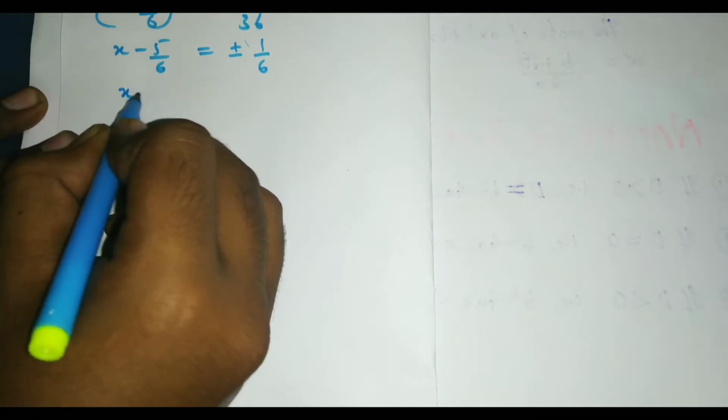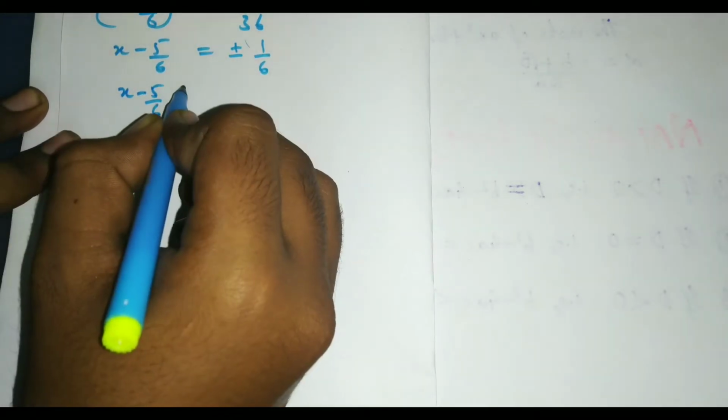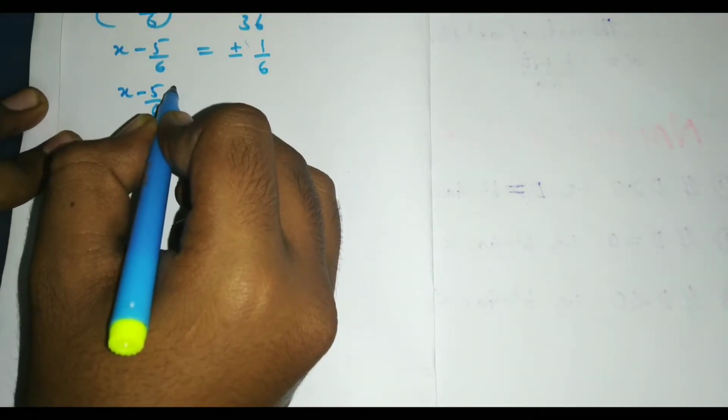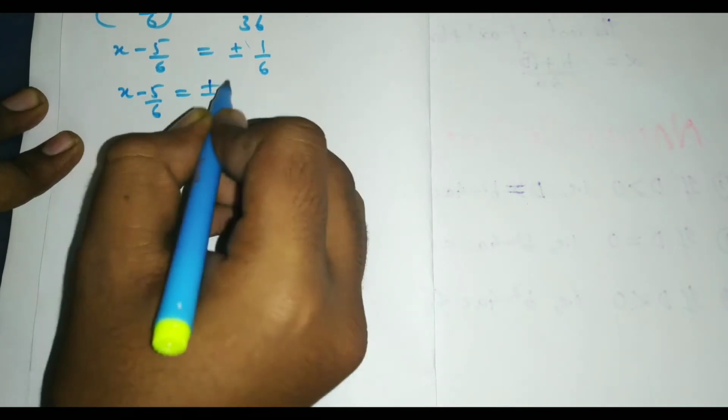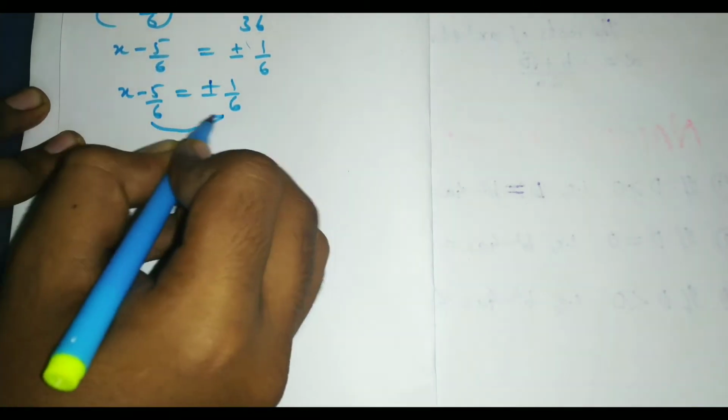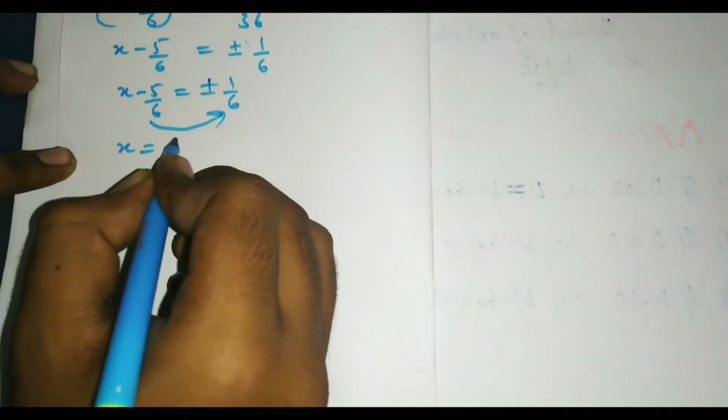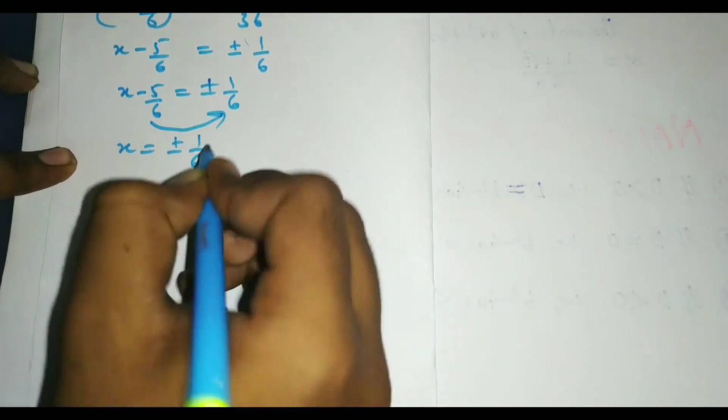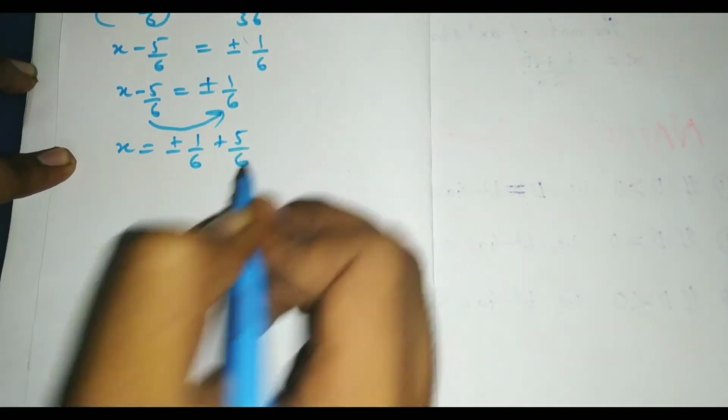Now moving on to the next step. Now x minus 5 by 6 we got equal to plus or minus 1 by 6. Now shift 5 by 6 to the left side to the other side. So x equals plus or minus 1 by 6 plus 5 by 6. Now here there are two cases.